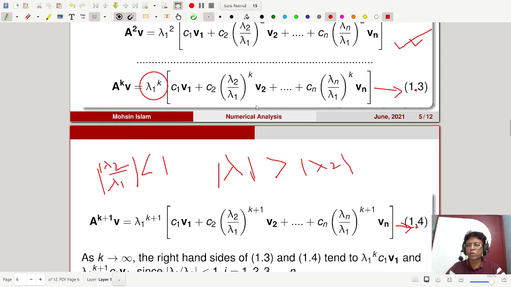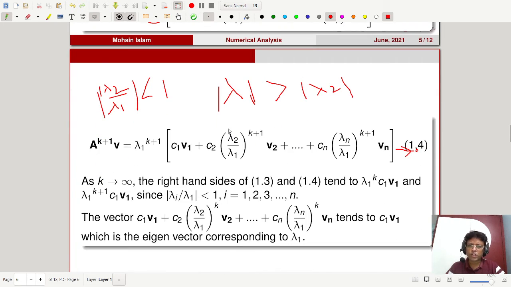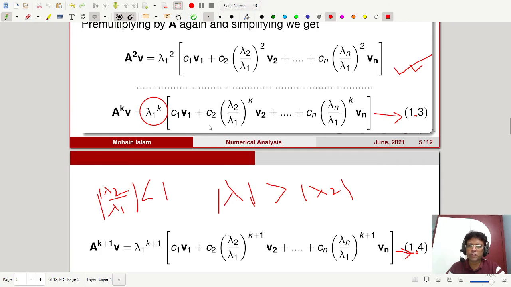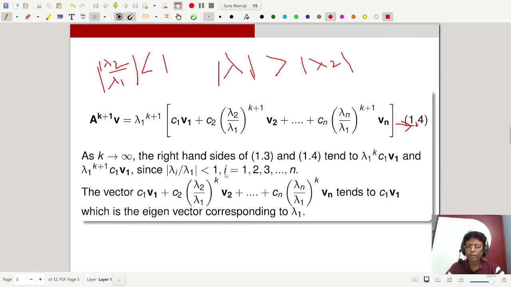And something to the power k, if k goes to infinity, goes to 0. That is the advantage and the beautiful nature of the method. So all these terms will be 0, and you remain with only the first term, that is lambda 1 to the power k c1 v1 vector.